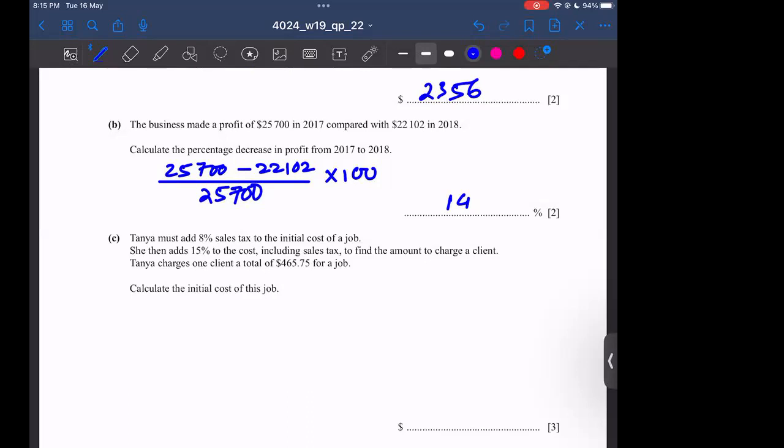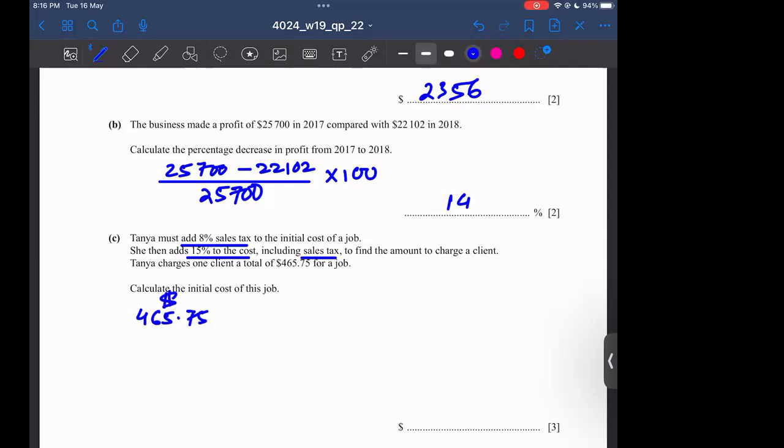All right, so in this, they are saying Tanya must add 8% sales tax to the initial cost of the job, and then she adds 15% to the cost including the sales tax, to find the amount to charge a client. Now she's charging $465.75 to the client, right?